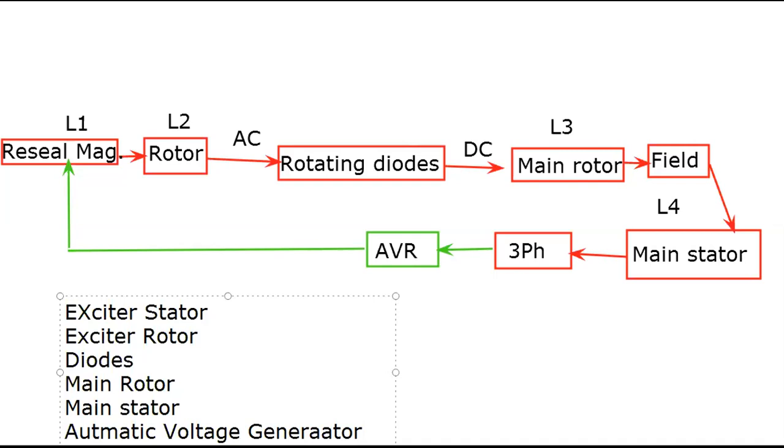It means you have a problem at the AVR or at the rotating diodes. Any problem on any electric generator on board cannot be outside of these six elements: exciter stator winding, exciter rotor winding, diodes, main rotor, main stator winding, and the automatic voltage regulator, which controls, compares, and adjusts the volts.